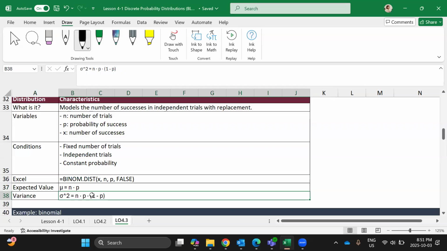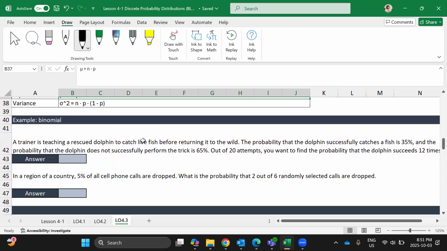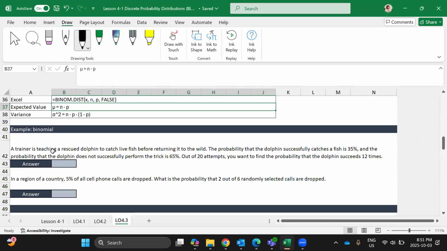Again, there are shortened formulas for the expected value and the variance of the binomial distribution. The expected value will simply be n times p, and the variance will be n times p times 1 minus p. So to see how these questions differ from the hypergeometric, let's look at some examples.